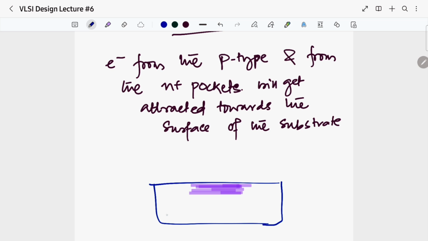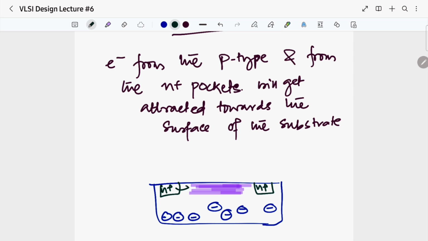and apart from the holes, the p-type substrate also has some minority carriers. So these are those minority carriers, and since we also have highly doped regions of n plus, that means a greater number of electrons are there as majority.